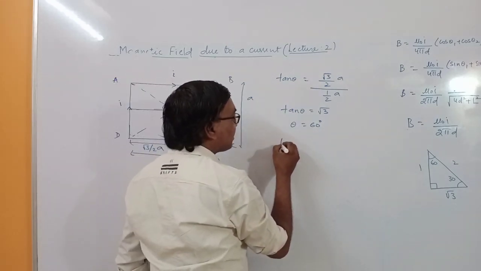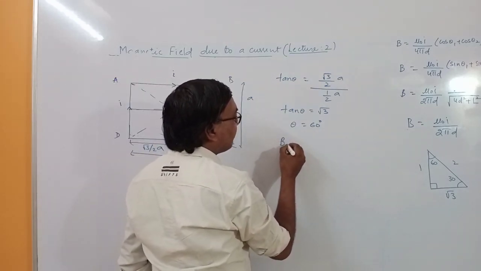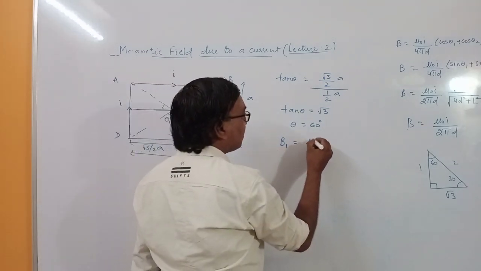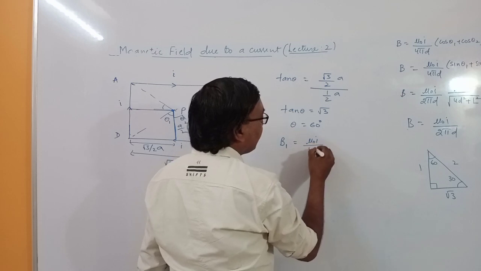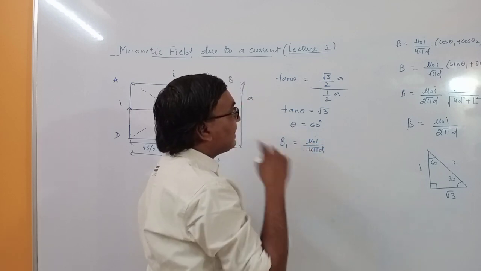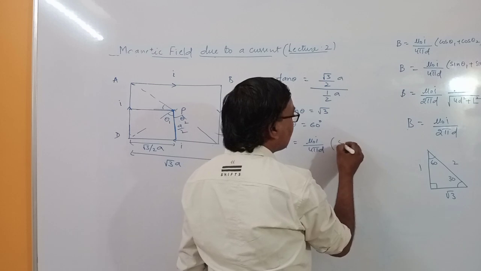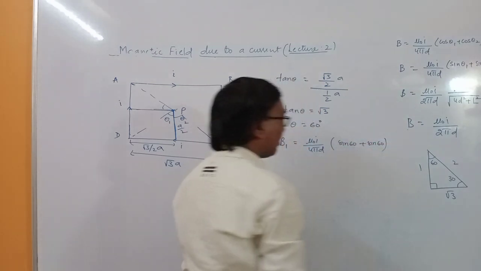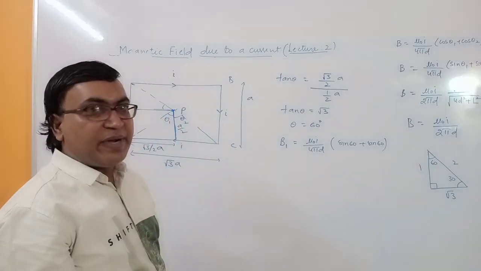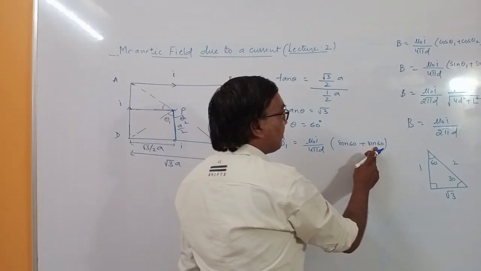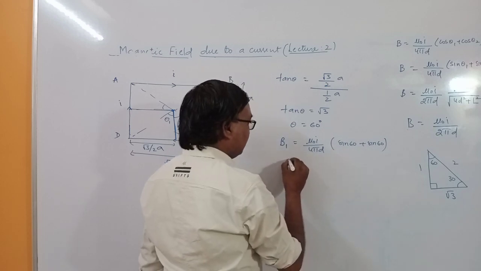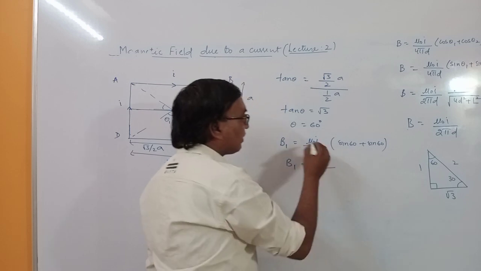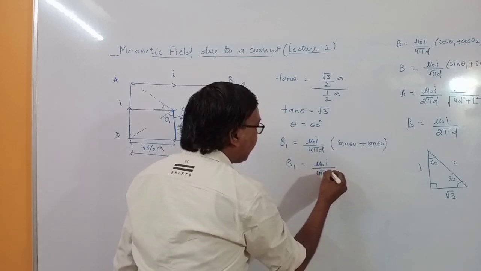So B1, let us call this magnetic field B1. So B1 is μ0 I by 4πd sin θ1 plus sin θ2. So sin 60 plus sin 60. Sin 60 is √3/2, √3/2. So √3. B1 will be equal to μ0 I by 4 pi d.